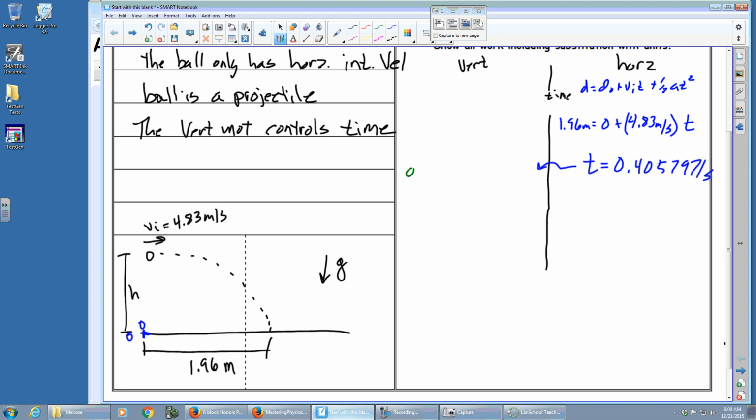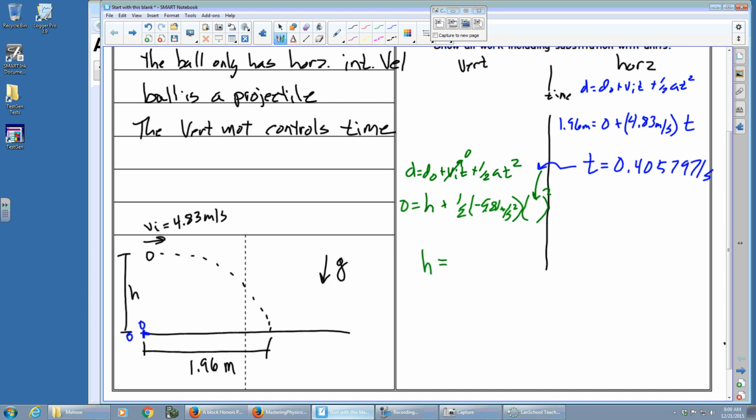Vertically, I'd start at that point. D equals D naught plus V initial T plus 1/2 AT squared. Where am I going to end up? 0. Where did I start? H. My initial velocity was 0, so that whole term goes out since I only had horizontal velocity. 1/2 downwards, negative 9.81 meters per second squared, T squared, I get the T from the other side.